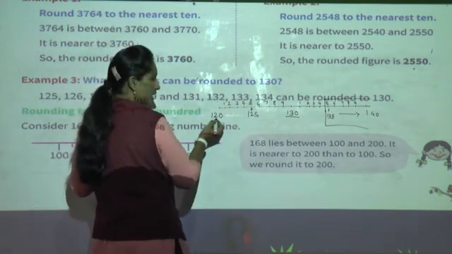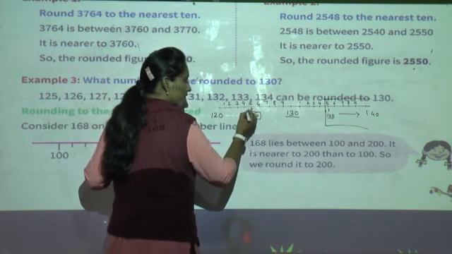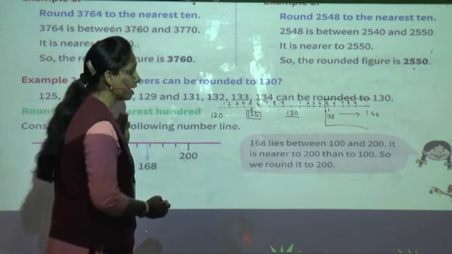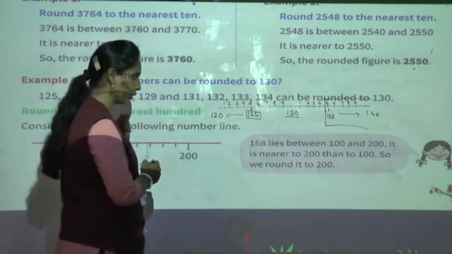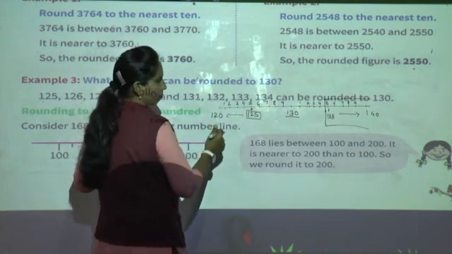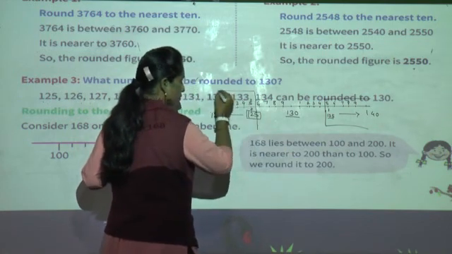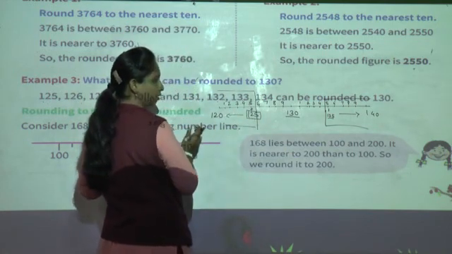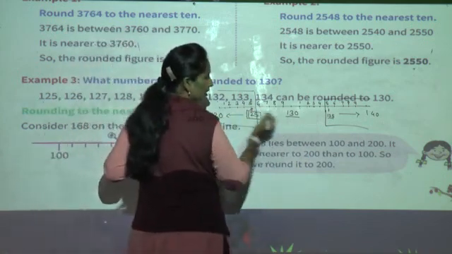See, these are the numbers from 120 to 125. If a number below 125 comes, it is nearest to 120. Yes students, I hope you remember we learned this in the earlier examples. So we cannot take those numbers, because they are nearer to 120. So what numbers are remaining here?